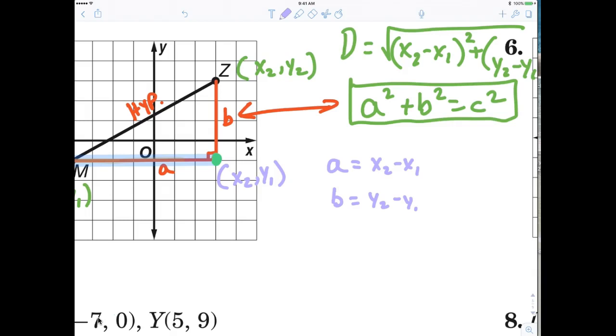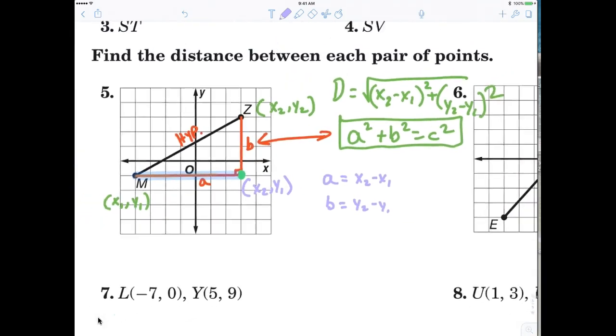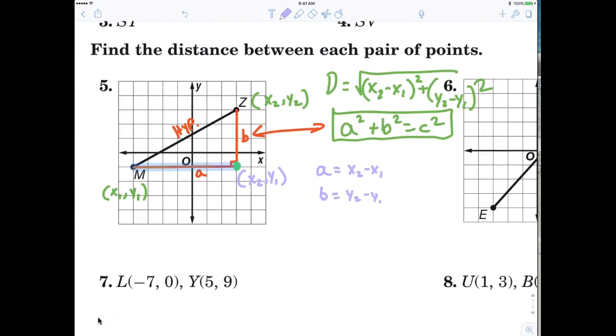Everybody happy? All right. So now look. If you understand that, the hypotenuse is the actual distance that we're looking for. Does everybody agree with that? So now, watch how cool. You're just going to plug in for A, plug in for B, and plug in for C. So, my distance squared, D stands for distance, right?